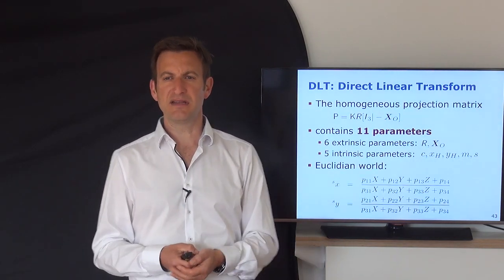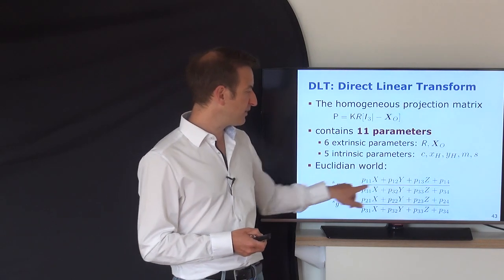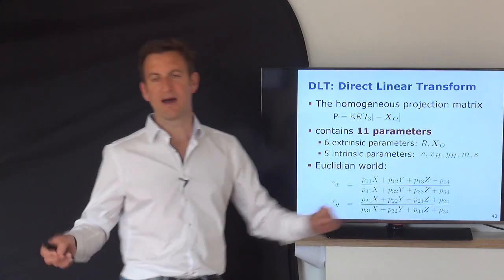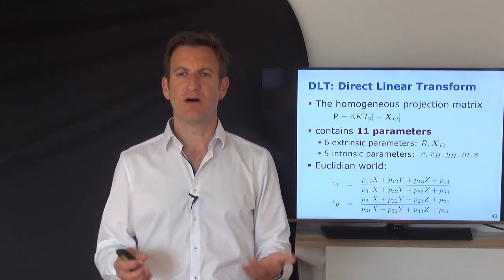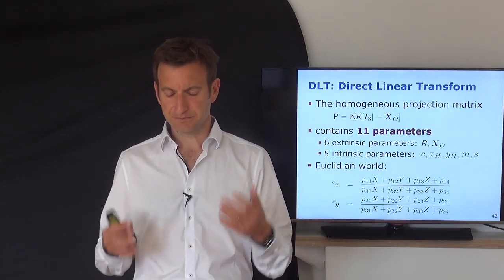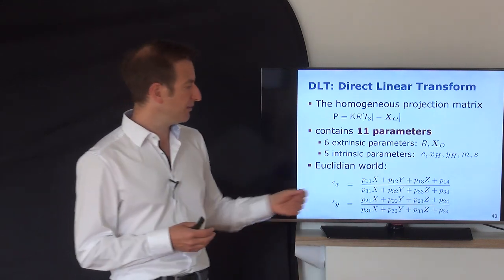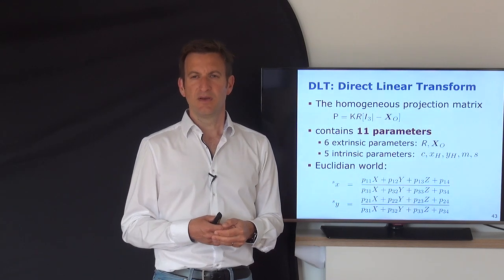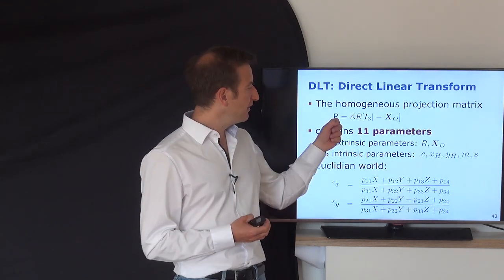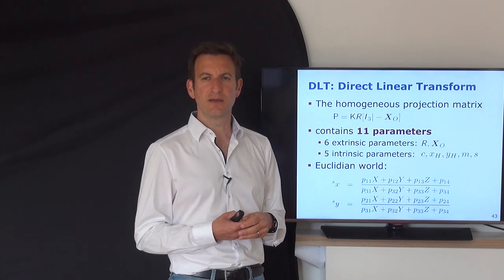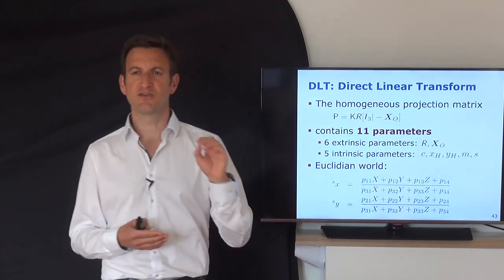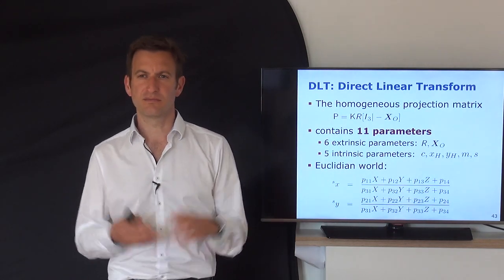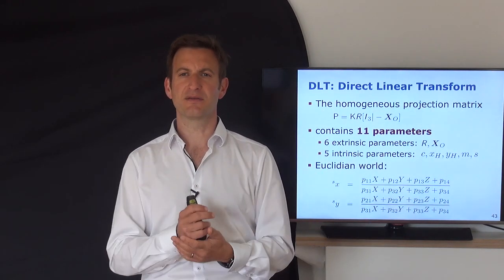And if it would be in the Euclidean world, this would be my expression over here, and P11 to P34 are the 12 entries of my matrix P. So this is the resulting equation for the Euclidean parameters. You may wonder at this point, this matrix P is a 3 by 4 matrix, so it means 12 entries. But I said here these are 11 parameters. So 11 and 12, how does this come together?